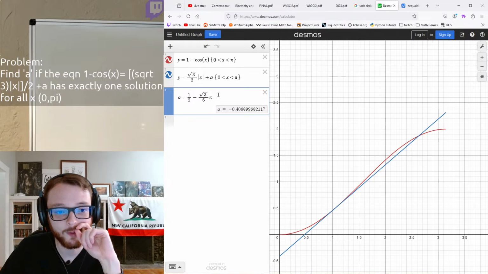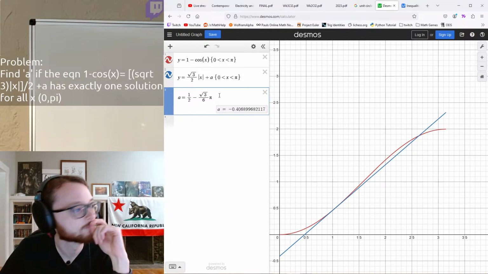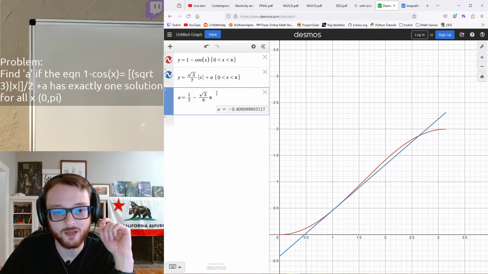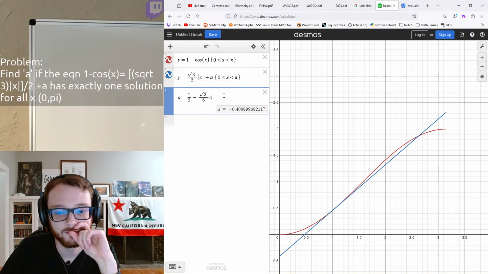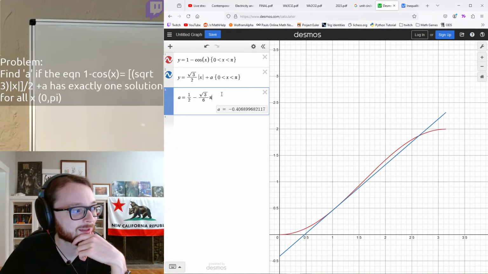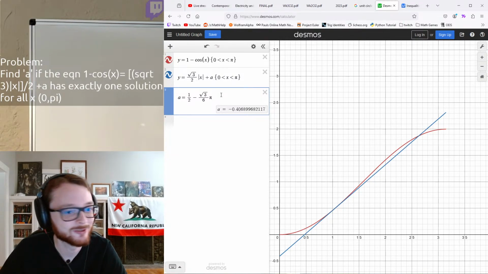Oh, wait. This does help. There's many solutions, though. So, okay, what I've done, I think, is I figured out the intervals of A that don't work. Yes, Pakshiel.